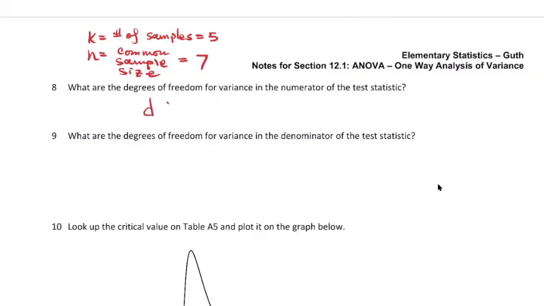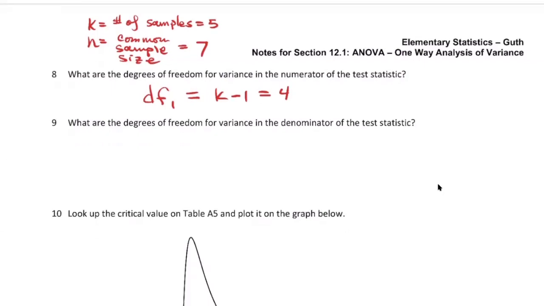So degrees of freedom for the numerator, again, you've got two variances here. Degrees of freedom for the numerator is just k minus 1. So that'll be 4. Degrees of freedom for the denominator is k times n minus 1. So again, k is 5, and then n is 7, so 5 times 7 minus 1. That's 6 times 5, which is 30.